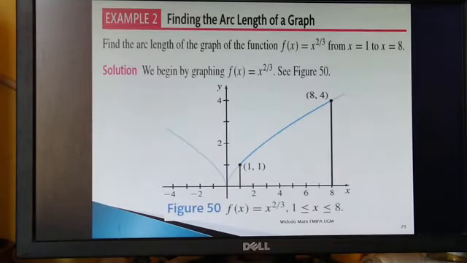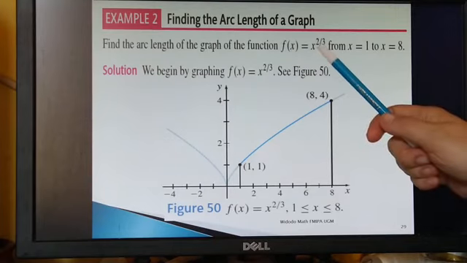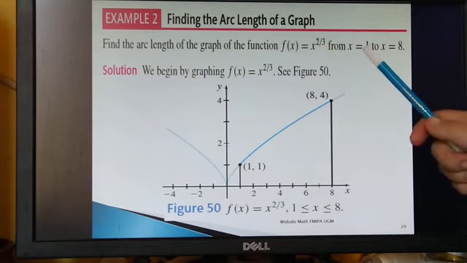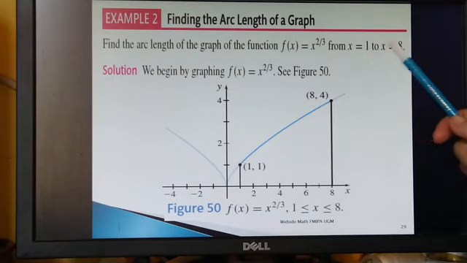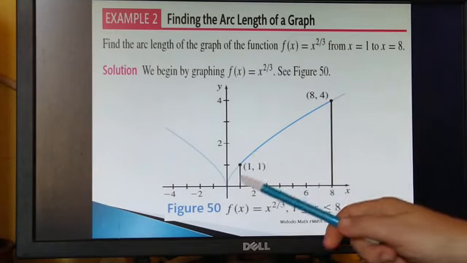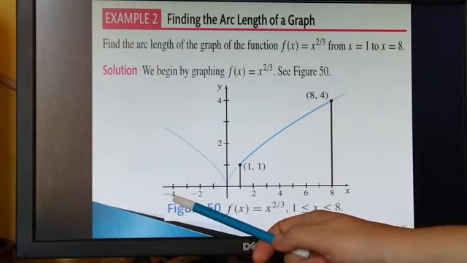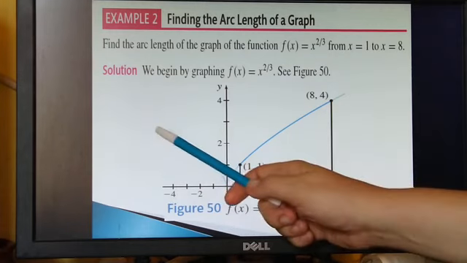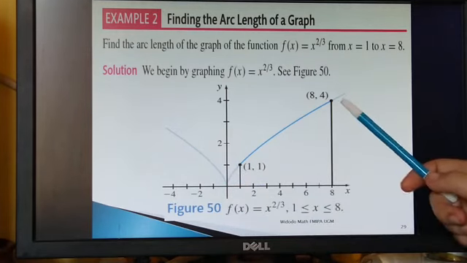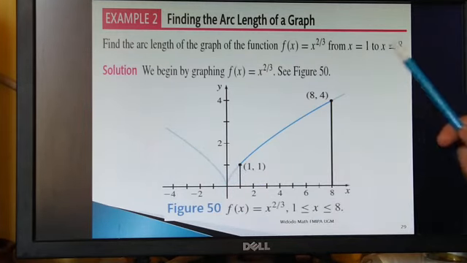The second example, if we have f(x) equal to x to the power 2 divided by 3 from 1 until 8, we have the following graph. If we want to make the graph from minus 4 until 8, the graph is just like that. But we concentrate only from 1 until 8.